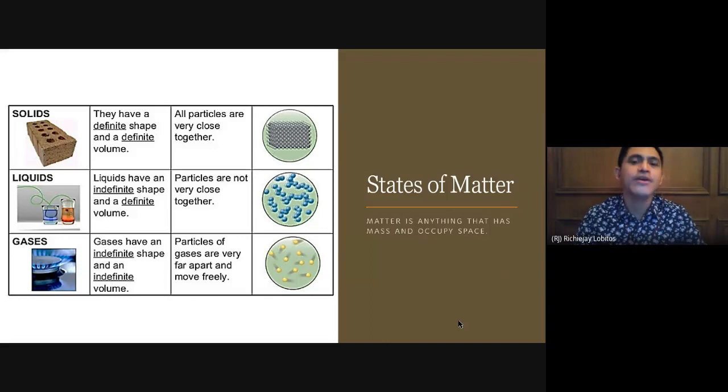Gases are very unique and very different from both solids and liquids because aside from not having their own shape, they also don't have definite volume. So though they occupy space, the amount of space they occupy is not fixed. That's why among the three states of matter, it's the one that you can easily compress.